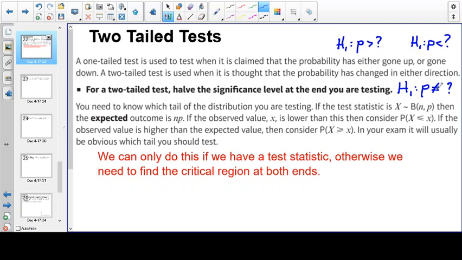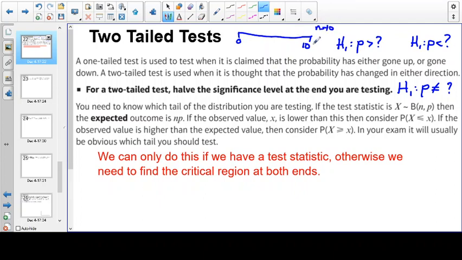If you are doing a two-tailed test, then what we need to do potentially is work out two regions. On these ones, we worked out one critical region. Either the critical region was at the top end, close to 10, so let's say n equals 10.